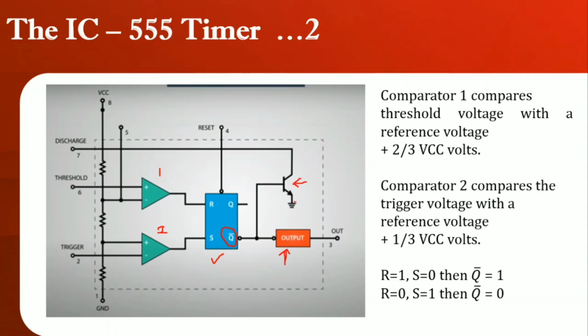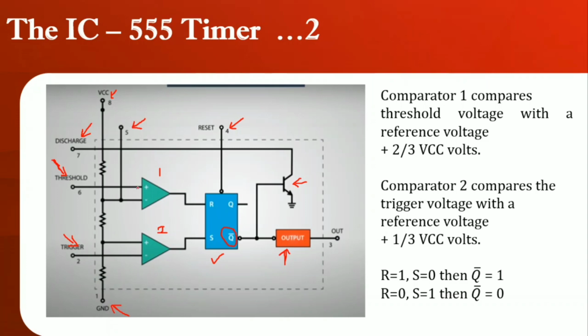The next is pin number 8, which is connected to VCC. Pin number 5 is the control, pin number 4 is reset, and pin number 7 is discharge. I told you about the threshold, right? Here we will have a complete explanation of what the threshold and trigger inputs are. And this is the first pin, which is ground.